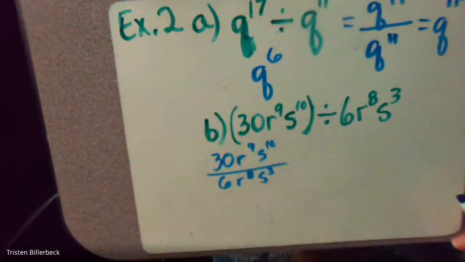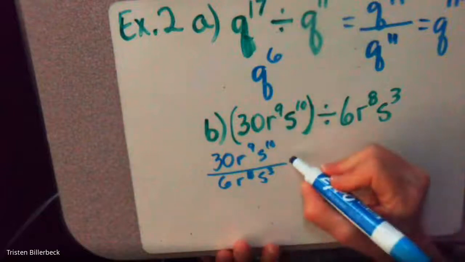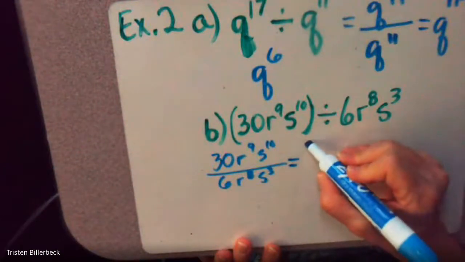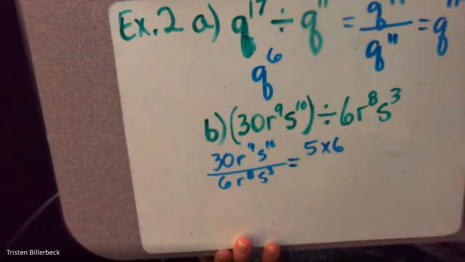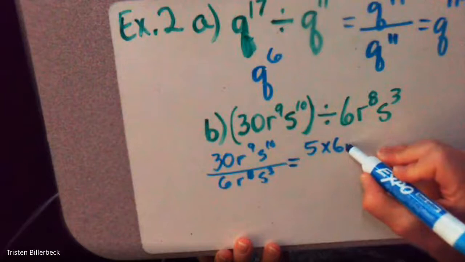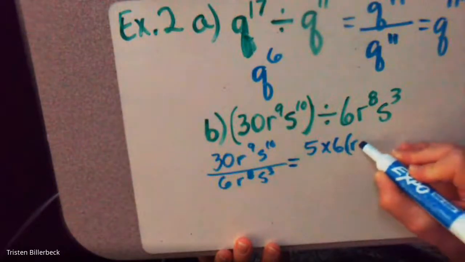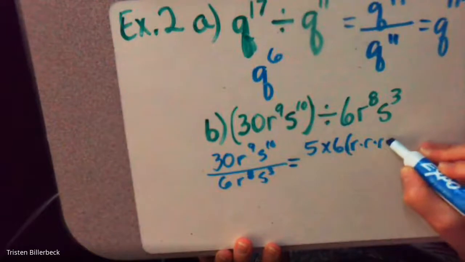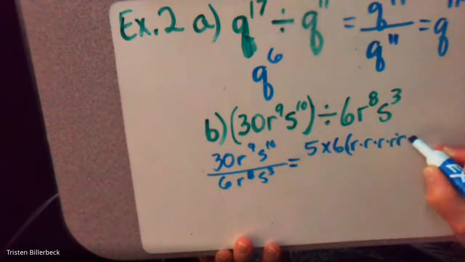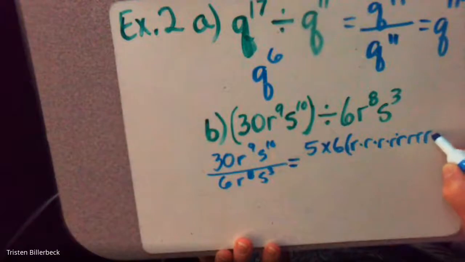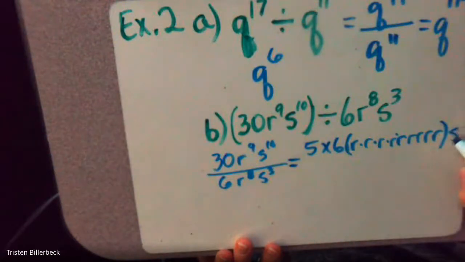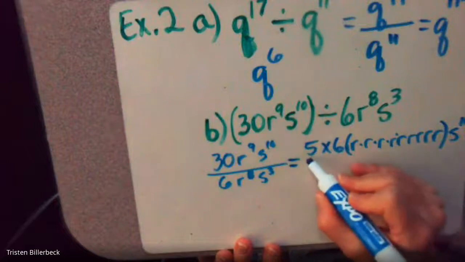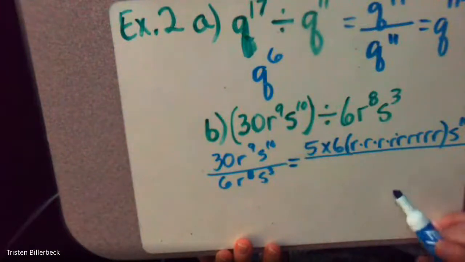Now, if I'm not feeling super comfortable, I could just write 5 times 6, and then just start writing out these r's. So I have 9. 1, 2, 3, 4, whoops, 5, 6, 7, 8, 9. Oh my goodness, I'm not going to be able to do that. But you could expand it on the bottom, and then I'm going to just write s to the 10 because I don't have any room. But at least I can show you how to do it with the r's.